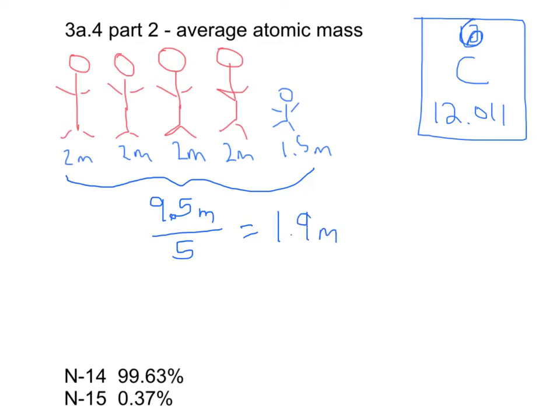So you can see from our average that it's reflecting the fact that there's not equal numbers of tall and short players. There's definitely a predominance of tall players, and the average is closer to the value of the height of the tall players. 1.9 is pretty close to 2. It's not all that close to 1.5. This is a weighted average just by virtue of the fact that there's more.